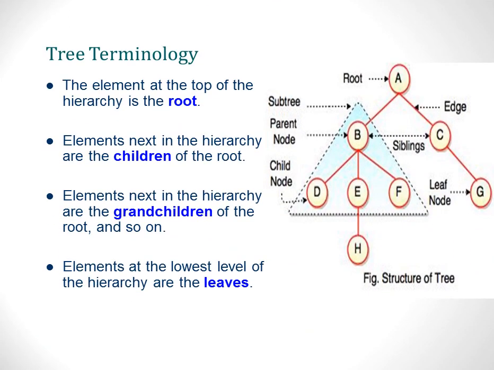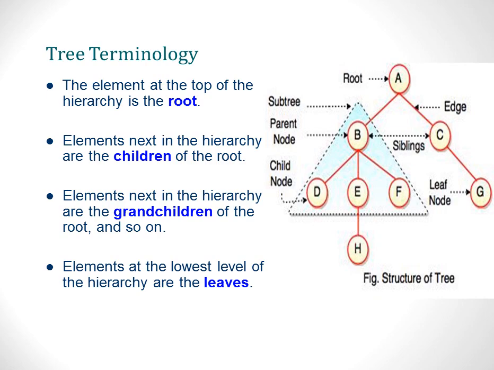There are some terminologies related to the tree data structure. Let's discuss those terms now. Look at this tree. As we know, A is the root of the tree here and a line connecting any two nodes, for example, a line connecting A to B, is called an edge.